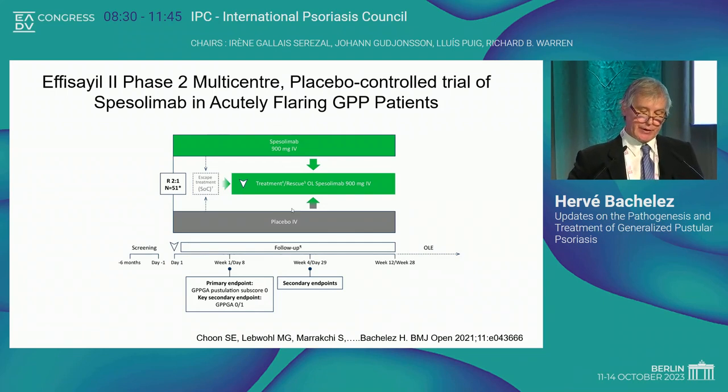This is the design of the phase 2 study that was published 2 years ago, where a single IV dose of spesolimab was compared to placebo in a 2-to-1 ratio, and the primary endpoint was GPPGA pustulation score 0 at week 1, and the study went through week 12.